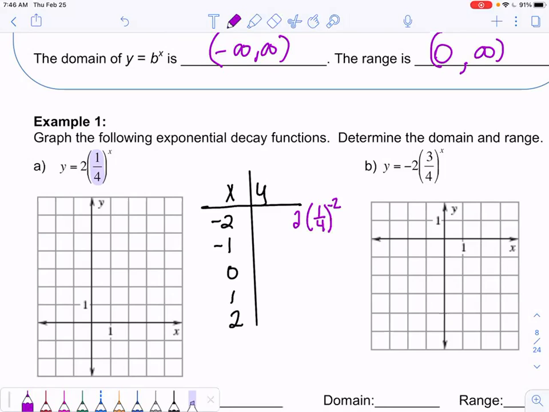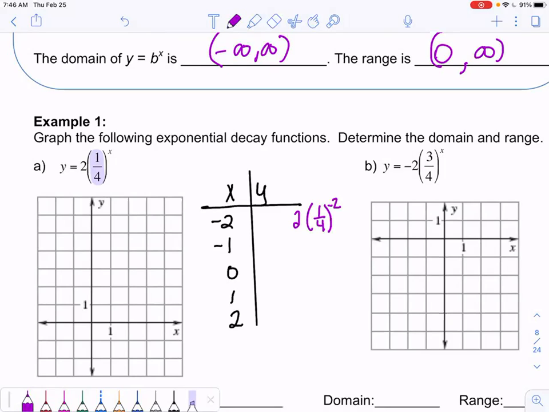What happens when you have 1/4 to the -2? So what happens if you have a fraction that's already in fraction form and you're raising it to a negative exponent? What do you think happens with that fraction? It would flip. Exactly. So that number is going to flip. That's what a negative exponent does.